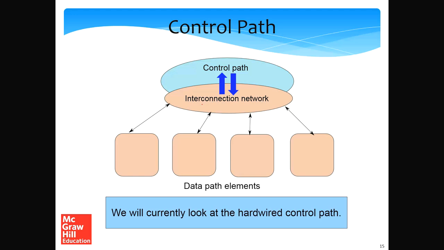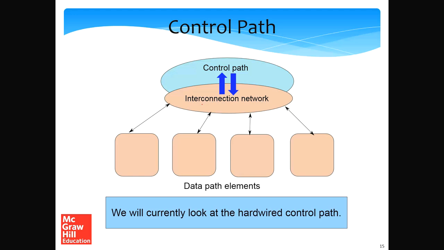control path. Currently we are looking at what's called a hardwired control path, in the sense that the control path is fixed. It is made in silicon and it cannot be changed, so it cannot be modified. But when we look at a microprogrammed processor, we'll see that aspects of the control path will be exported to the programmer.